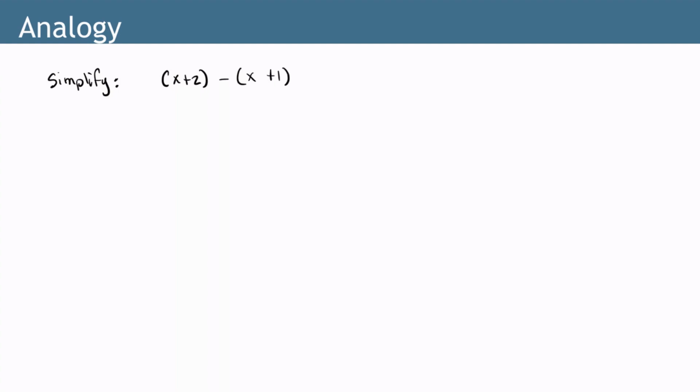Now you know that I really don't even need those parentheses at the front, so I could treat that as just x + 2. Now this one I do need to distribute, so those parentheses do matter. And if I do that, I get minus x minus 1.